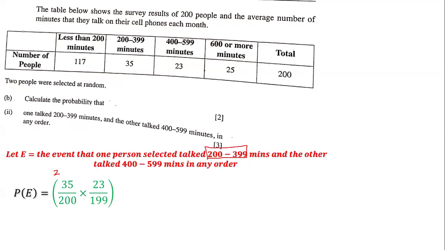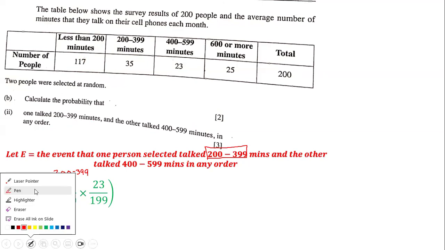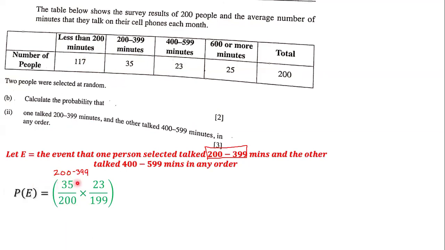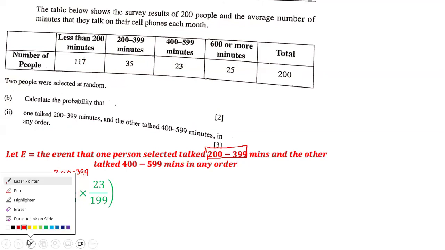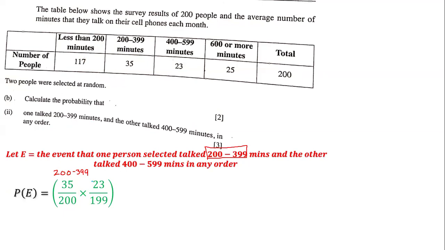The first person we choose is going to come from the people who spoke on the phone for 200 to 399 minutes. And then we're going to let the second person be from the people who talked for 400 to 599 minutes. Okay. So that's the first way we could do it.